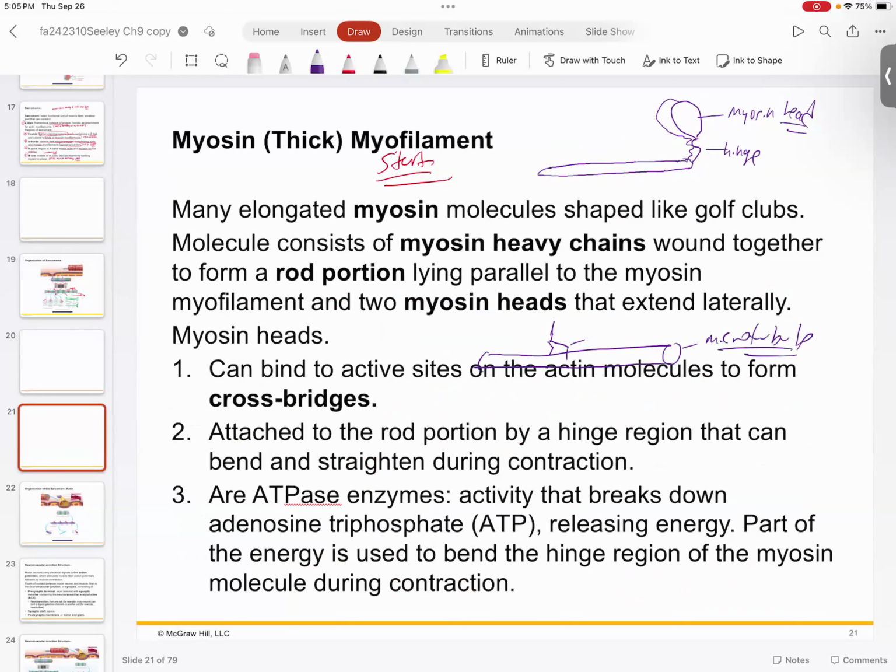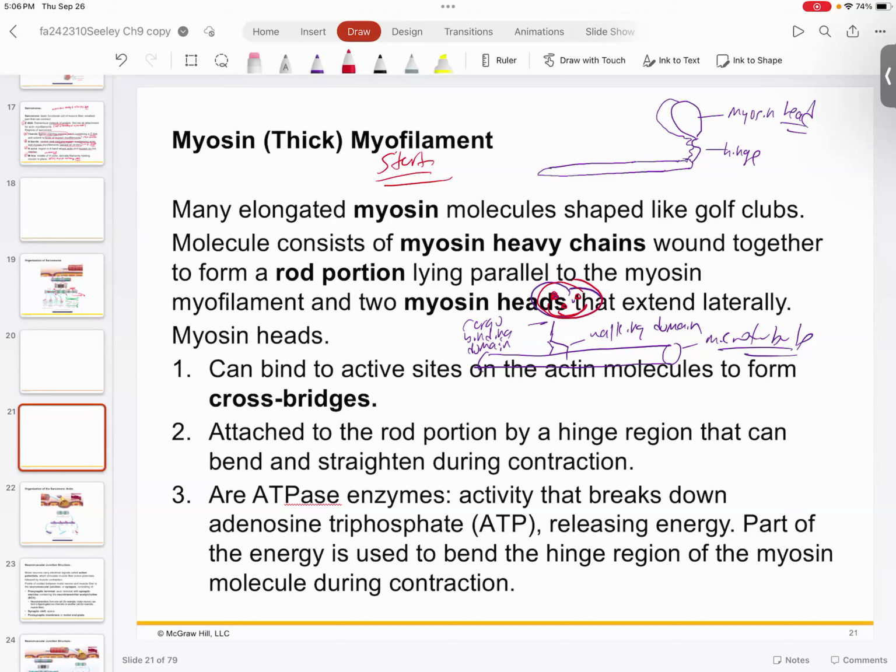And so generally speaking, you have a walking domain, and then you have a cargo binding domain. And generally, like if you're moving a vesicle, you'll have essentially the cargo being moved as it's being bound by the cargo binding domain.